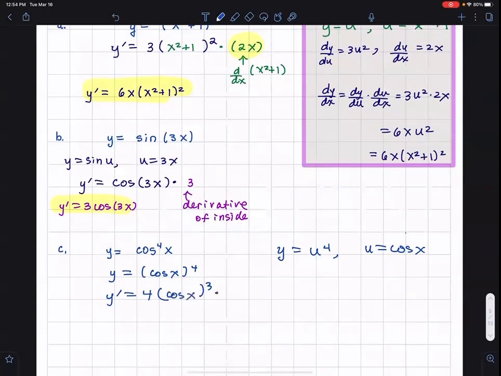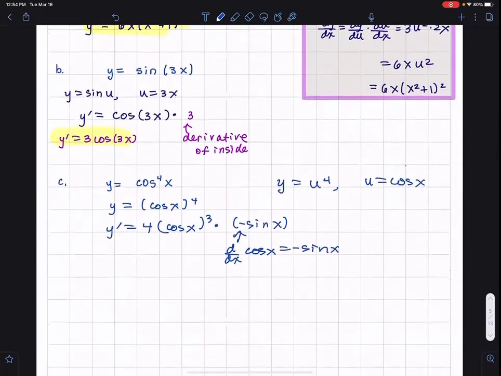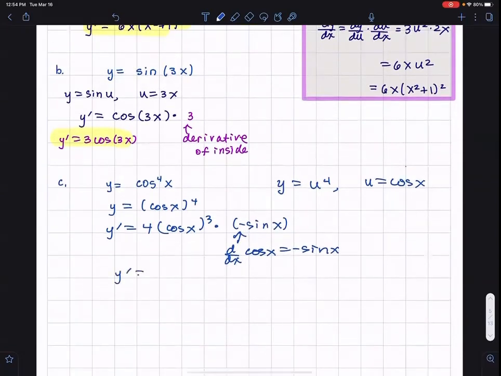So I leave that there. Then I multiply by the derivative of what's inside. I multiply by the derivative of cosine x, and that's negative sine x. And I'm just going to rewrite that to make it look a little better.